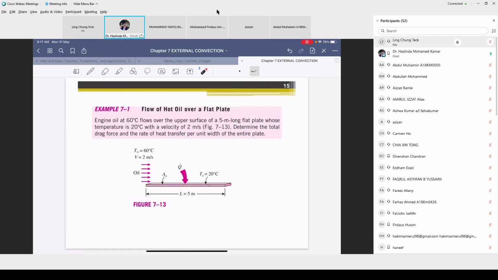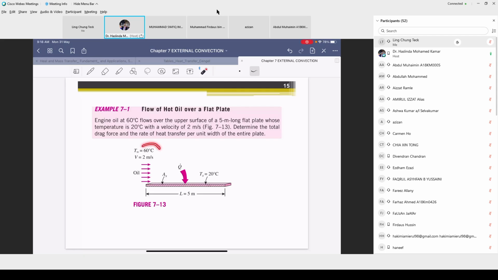So this is flow of hot oil over a flat plate. Your medium is a flat plate, and the length of the plate is 5 meters. The surface temperature is constant, or uniform, throughout the plate at 20 degrees Celsius. The temperature of the adjacent fluid is 60 degrees Celsius.